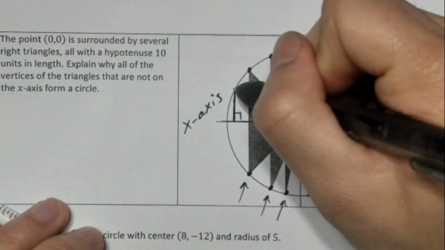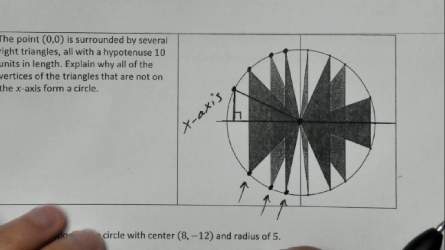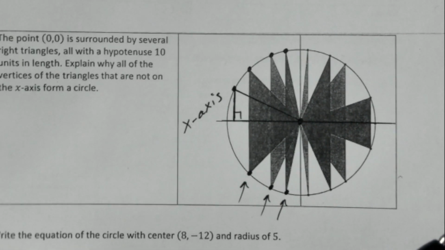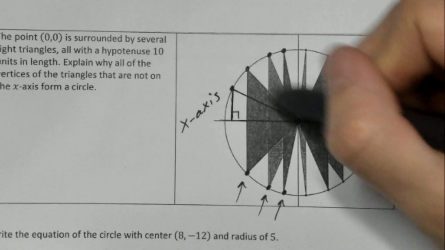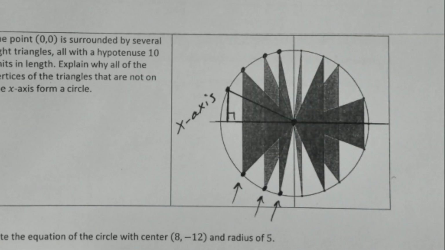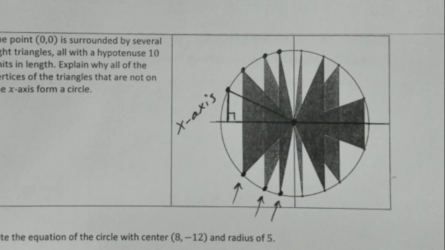The question is, guess what's the length of this hypotenuse? Well, that length represents the radius of the circle. And the radius of the circle is the same everywhere. And if the length from here to here is 10, well, the length from here to the point that I created will also be 10. So any other right triangle that I make is going to add a point on my circle.